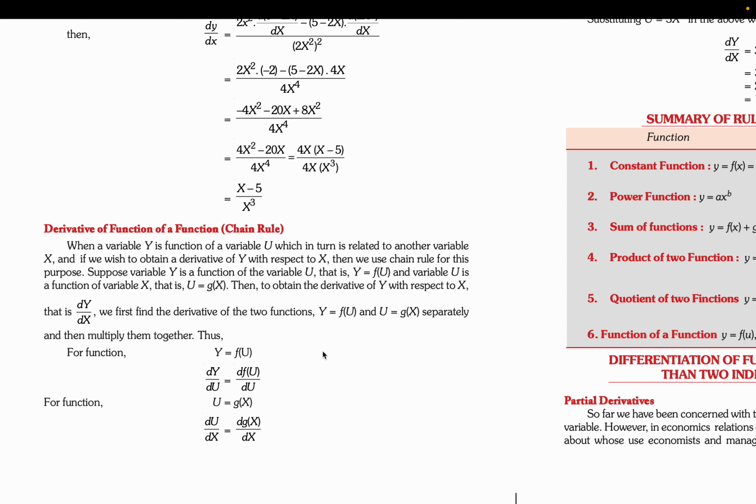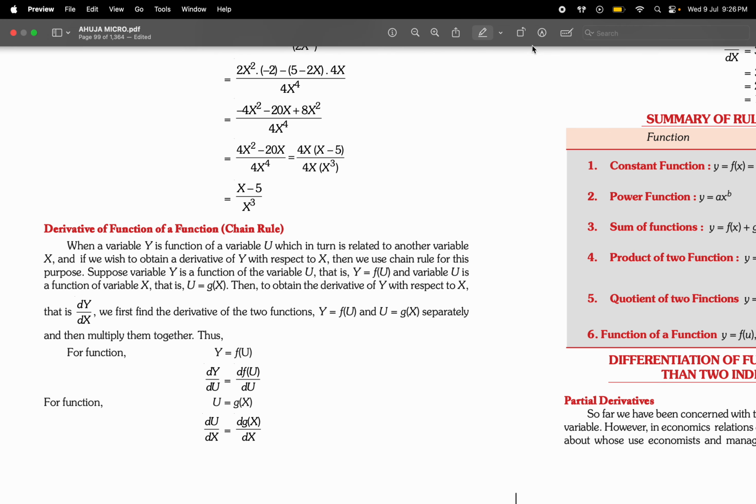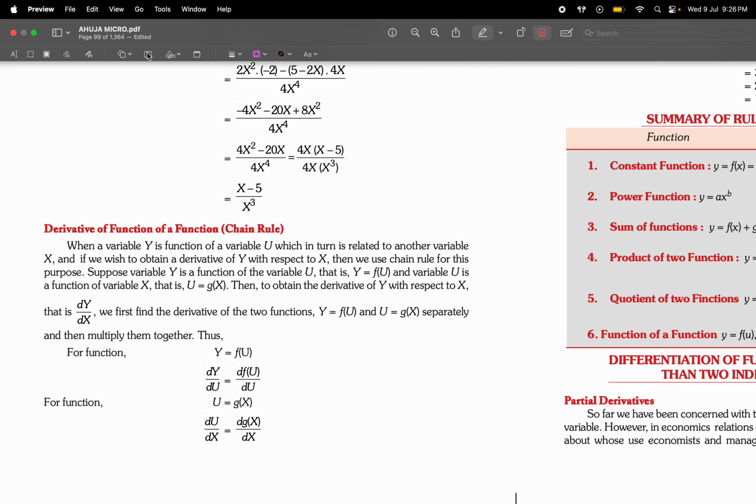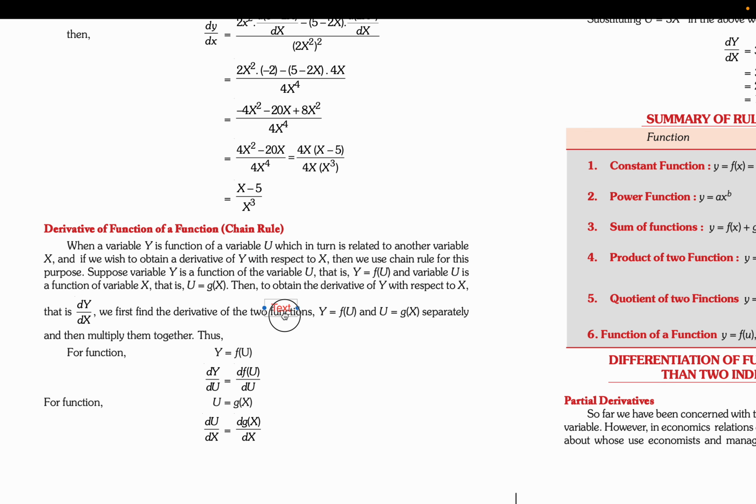How you can write this is y is equal to function of g of x. You can write it like this. We might use this, by the way, in economic problems.